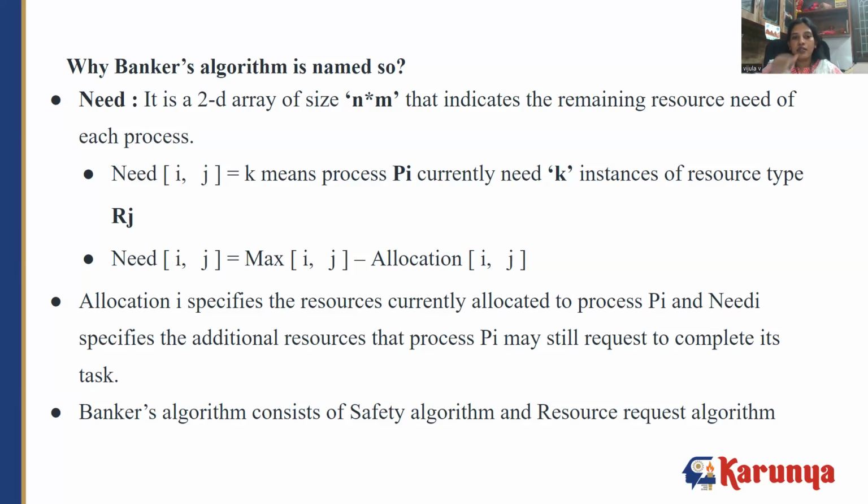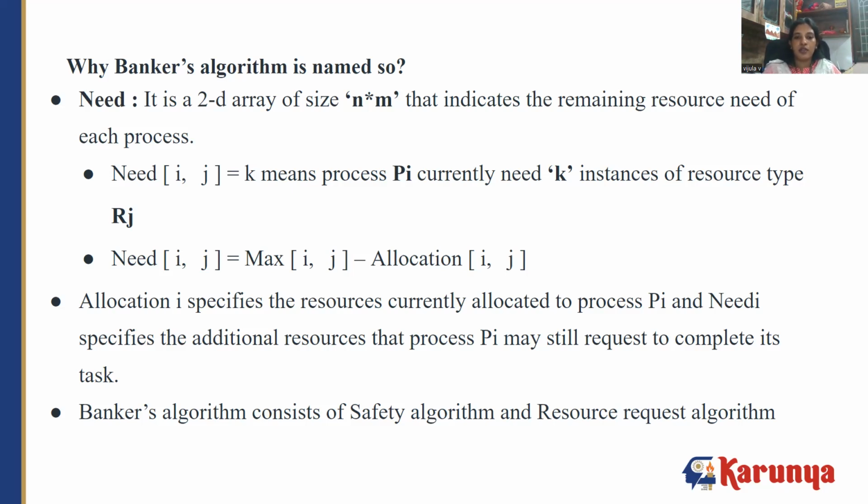So allocation specifies the resources currently allocated to process P, and need specifies the additional resources that process P may still request to complete its task. So banker's algorithm consists of safety algorithm and also resource request algorithm.